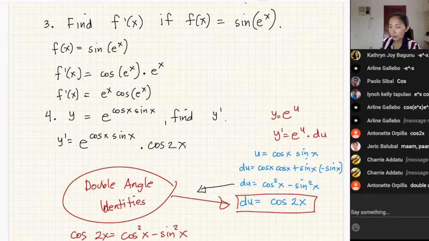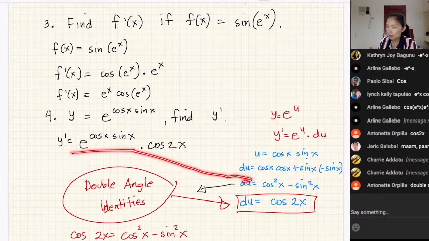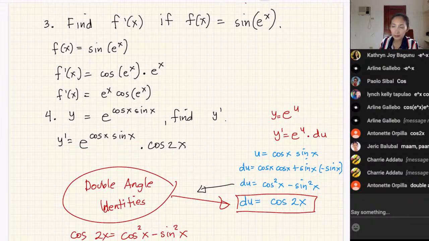Remember the identities that we have reviewed before? Pythagorean, reciprocal, half angle, double angle, sum and difference, and product identities. So please go over them. But if you stopped with e raised to cosine x sine x times this, it's all right. Now we proceed to the next.